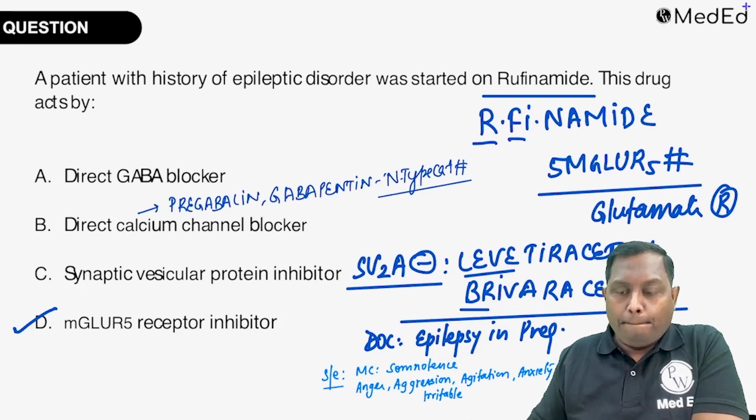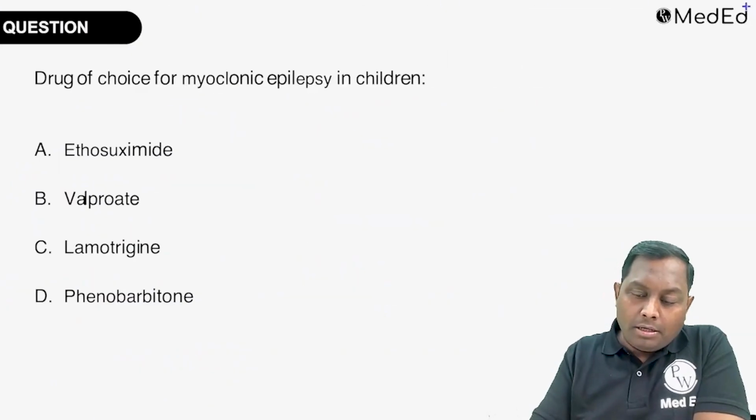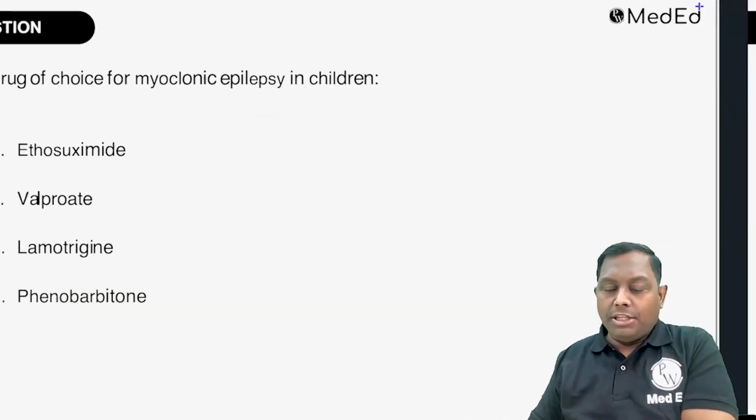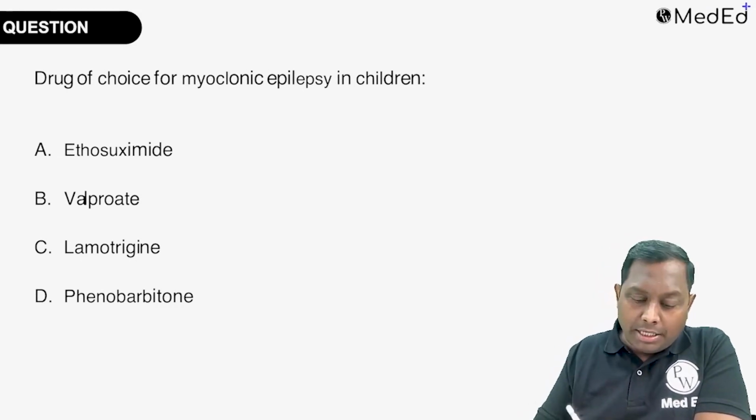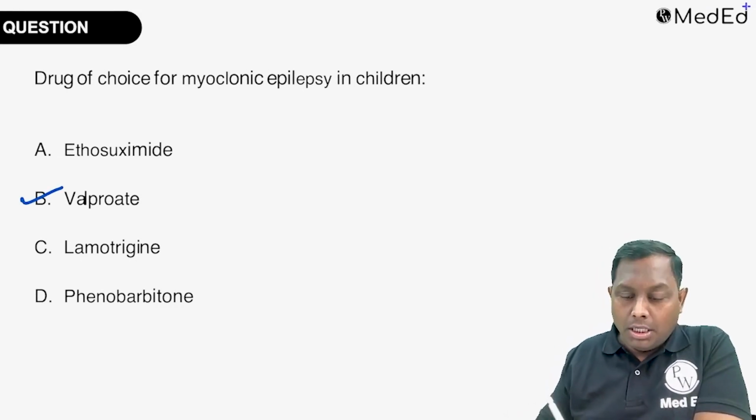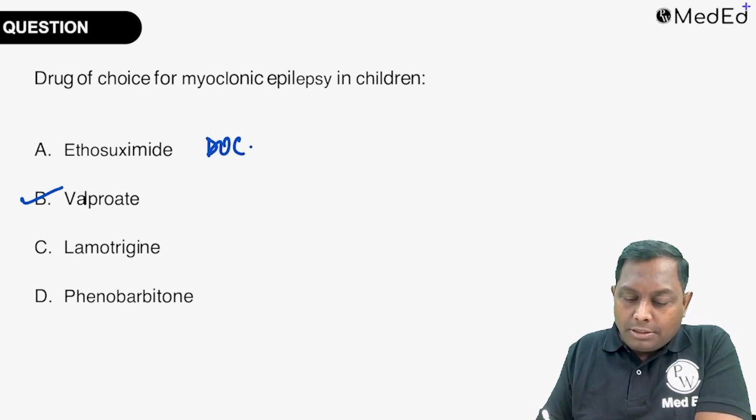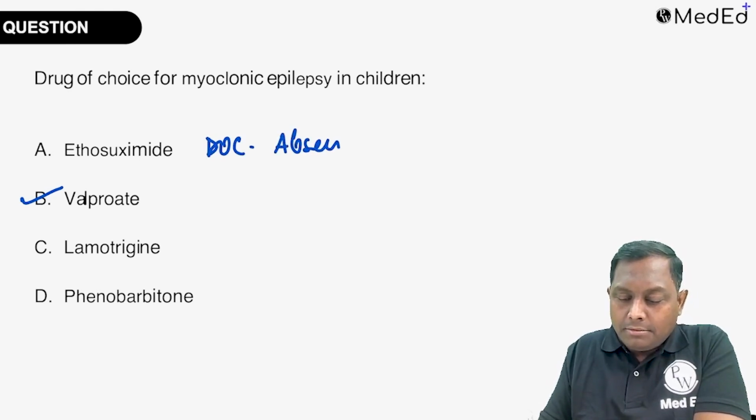Next, drug of choice for myoclonic epilepsy in children. Always remember, drug of choice is going to be valproate. Ethosuximide is the drug of choice in a patient with absence seizure.